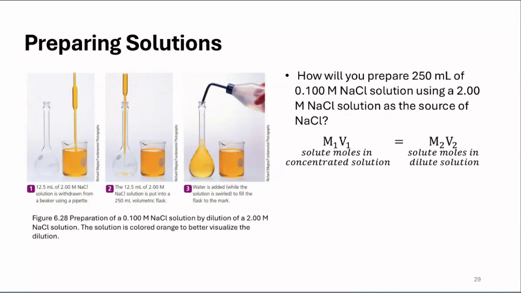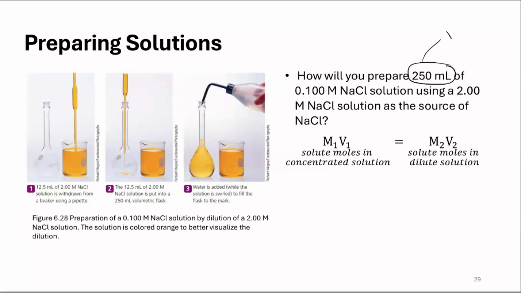One of the important things when it comes to utilizing the dilution equation is that we do not change volume into liters. You need to just make sure that the units of volume are the same, but it is not a must to convert milliliters to liters. So when it comes to this equation, I can identify that this is going to be the volume that it gets prepared.